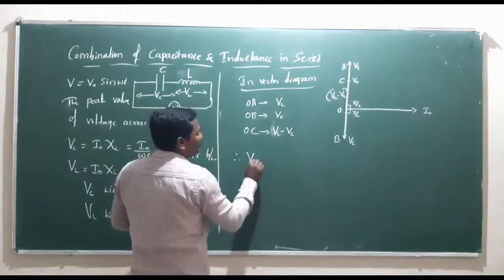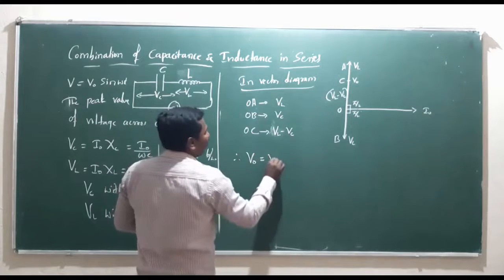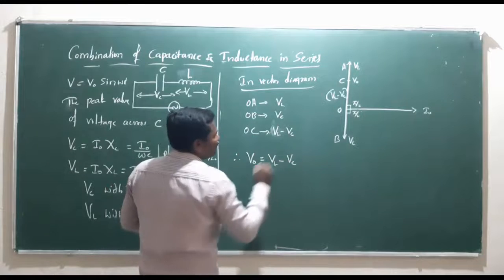Therefore, we consider V0 equal to VL minus VC.